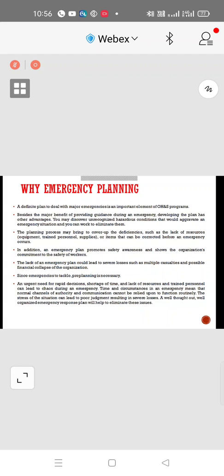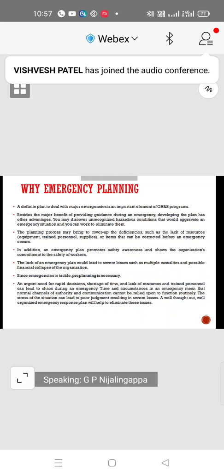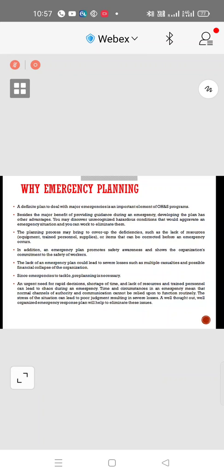In addition, an emergency plan promotes safety awareness and shows the organization's commitment to the safety of workers. By proper planning, proper educating and proper monitoring, motivation will go into the workers.